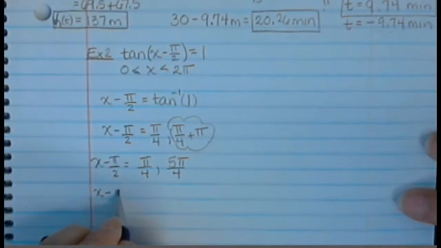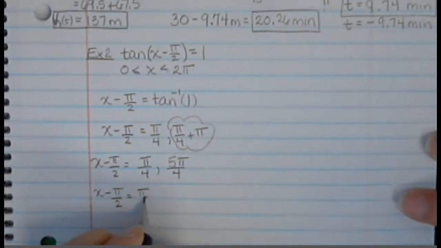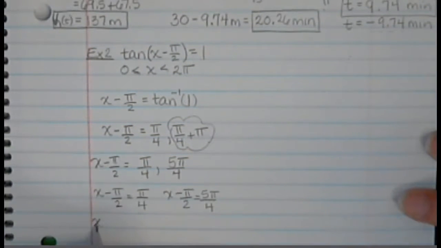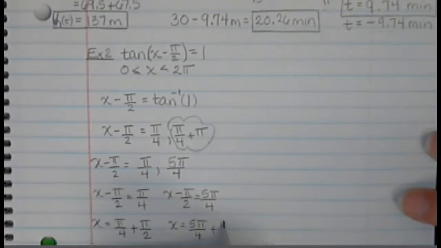So x minus pi over 2 can equal pi over 4, and x minus pi over 2 can equal 5 pi over 4. Solving for x, x is equal to pi over 4 plus pi over 2. And I do the same thing over here: 5 pi over 4 plus pi over 2.